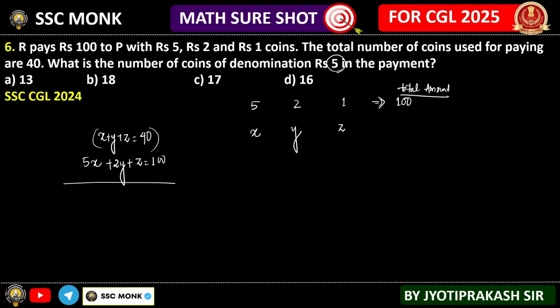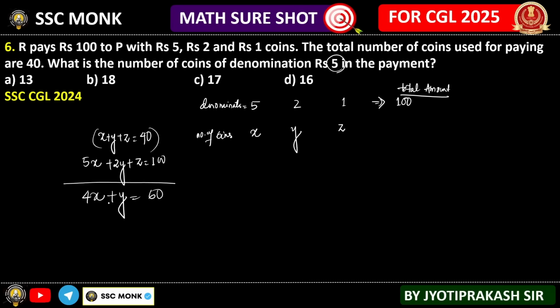So what is happening? 5x minus x is equal to 4x, 2y minus y is equal to plus y, z gone, 100 minus 40 is equal to what? 60. Clear? So 4 times x plus y is equal to 60 rupees. X is what? Number of 5 rupees coins. Y is what? Number of coins. This is denomination, the value of each coin.